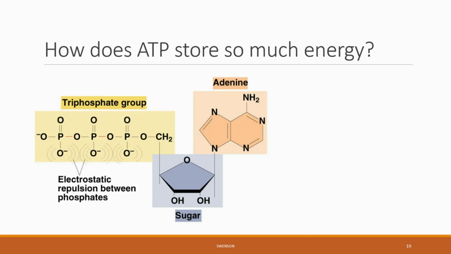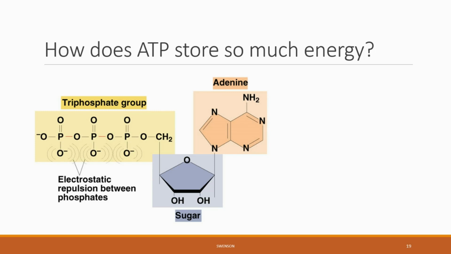The oxygens shown along the bottom of each phosphate in the triphosphate group have an extra electron, which is why we are denoting those oxygens with a minus sign, to show that they are negatively charged.